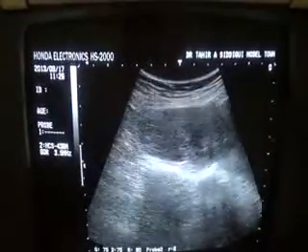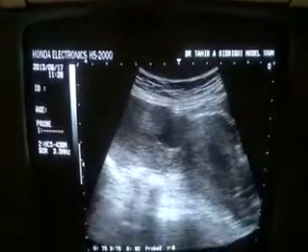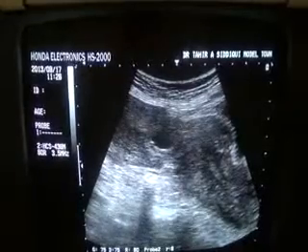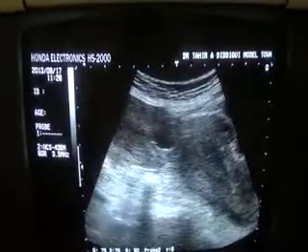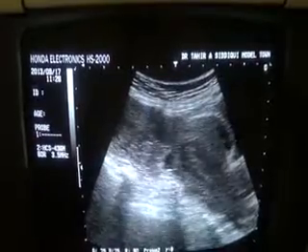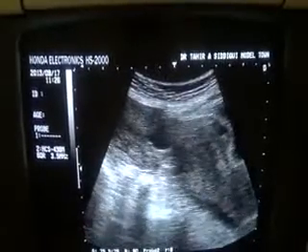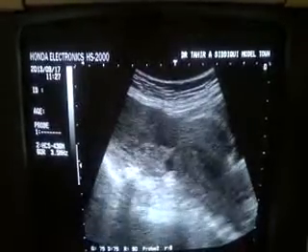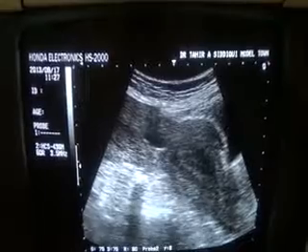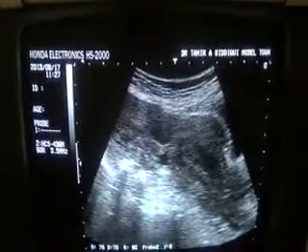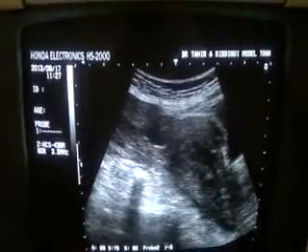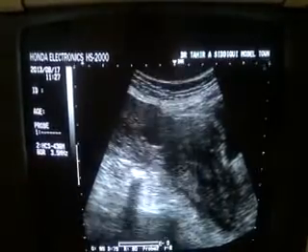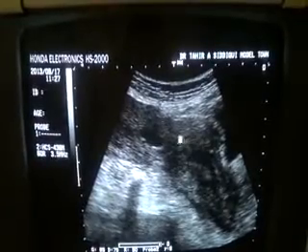Now, adjacent to the fundus of the uterus, we see a sac shape where we see a cystic area. And this is the uterus in longitudinal section.